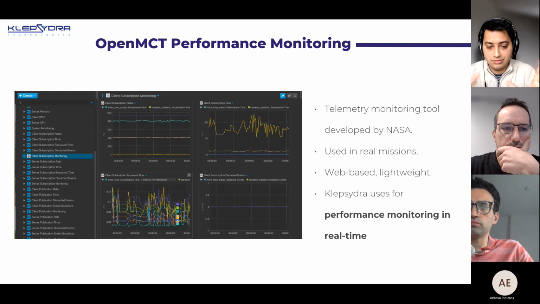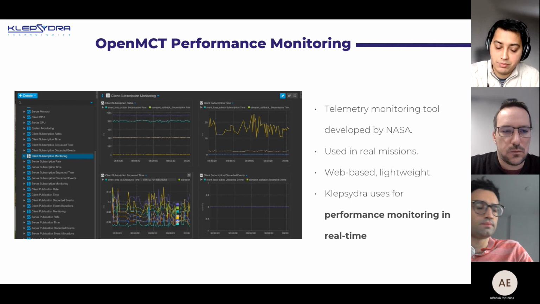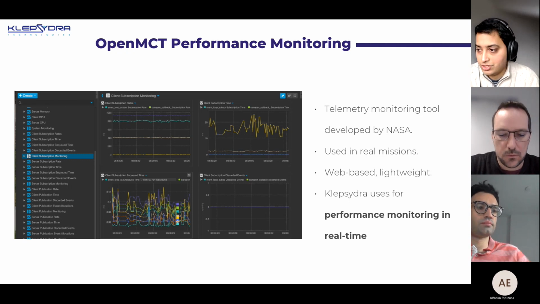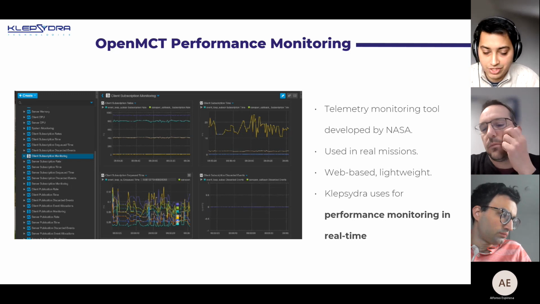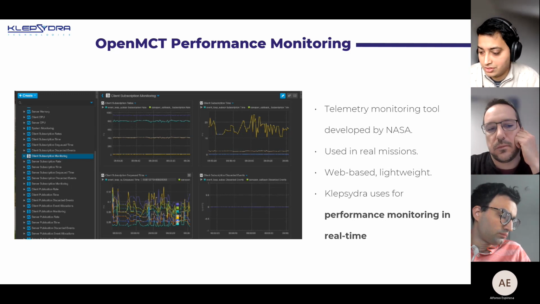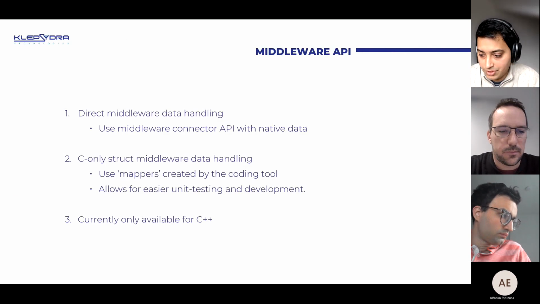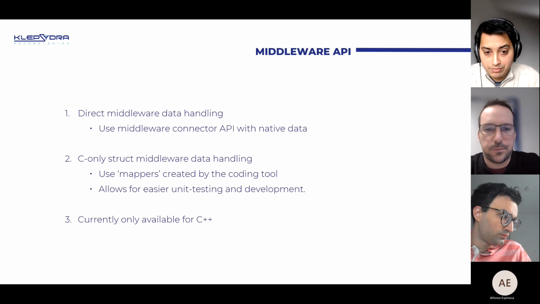So you get these very nice charts with real-time performance, like what is the publishing rate, what is the CPU usage, and so on. This is not part of our community version, it's part of our licensed version. But I'm just showing you how it works.